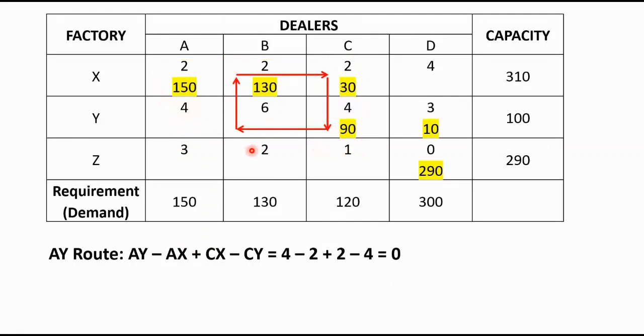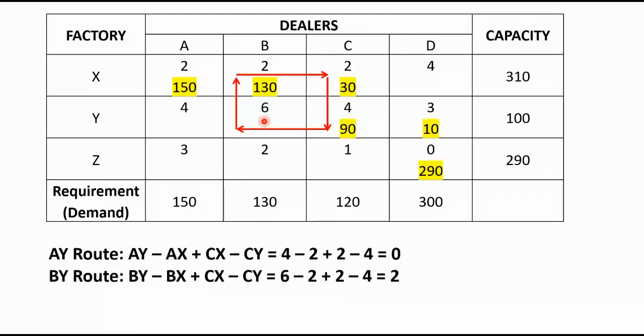So for the BY route, from BY we go to BX, and then CX, and then CY. So that would be 6 minus 2 plus 2 minus 4, which is equal to 2. And again, we have a positive index. That means we don't need to make any revisions for this particular loop.